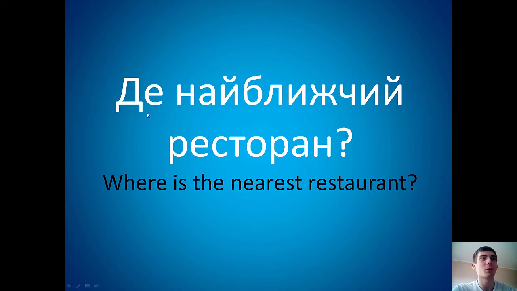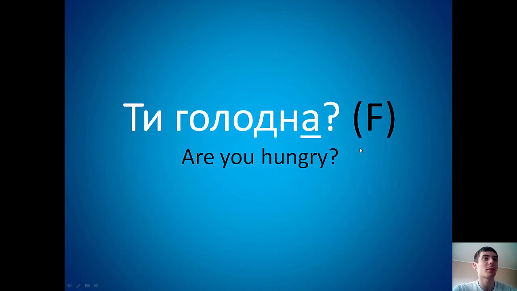And more naturally, де найближчий ресторан. When you speak more naturally, you just pronounce it as one word. Де найближчий ресторан. A small break here. Де найближчий ресторан. All together. Okay, good.